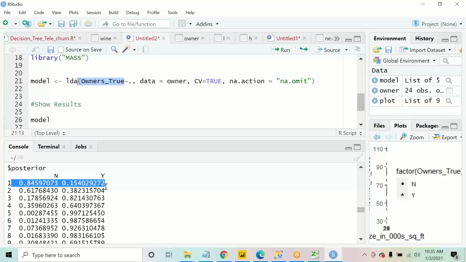This score has been calculated on the basis of the rest of the data that you have with you. So for the first record, for not owning that mowing machine, the probability of no is 0.84 and the probability of yes is 0.15.